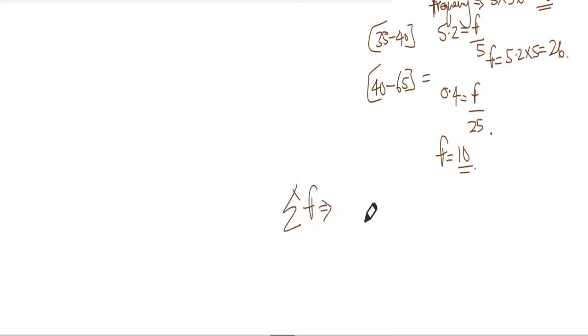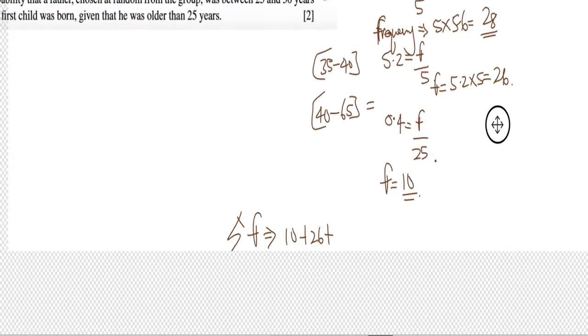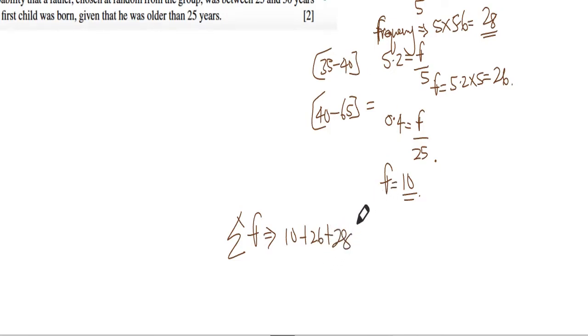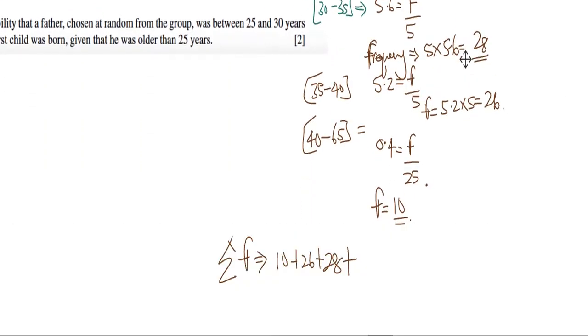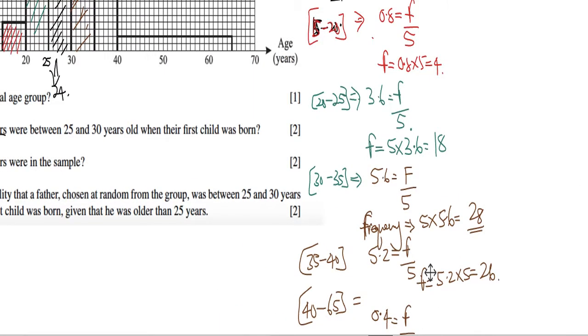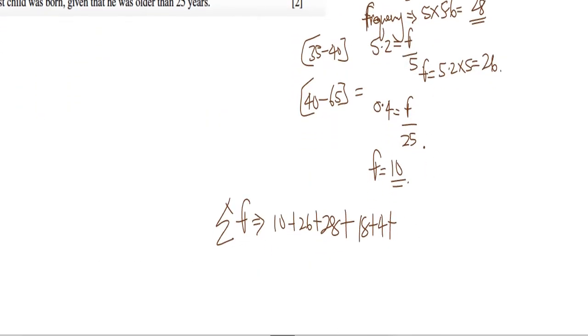The total is 10 plus 26 plus 28 plus 18 plus 4 plus 24, and the answer is 110.